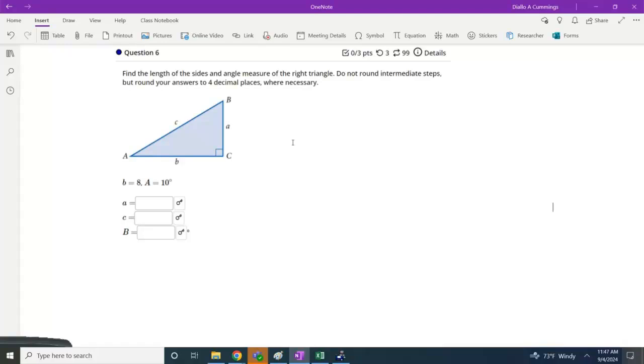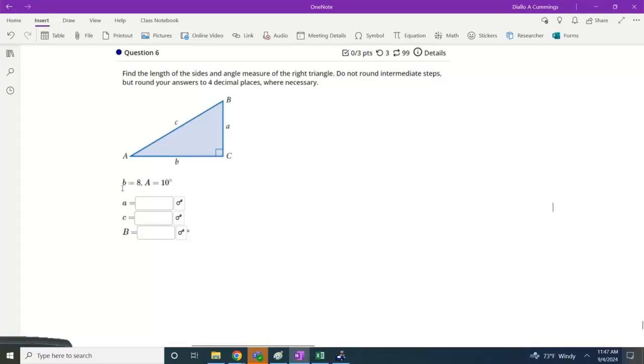All right, so let's take a look. We have a right triangle, triangle ABC. Notice they may orient it a different way. The capital letters are angle measures, lowercase are side lengths. They're always using standard labeling. So they give us some dimensions.